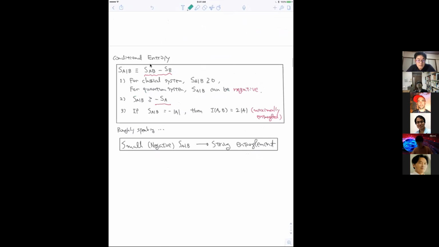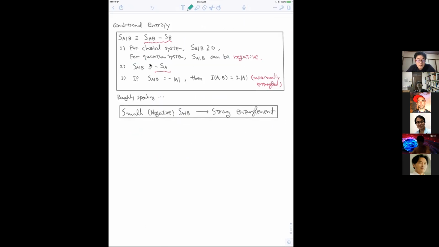Now, in this talk, I will look at a quantity called the conditional entropy, which is a measure of entanglement, and it's defined in this way. We always write it as S(A|B), with this vertical line. It is S_AB minus S_B. I didn't know much about this quantity until a year ago, but the key point is that for a classical system, this quantity is positive or zero. But for a quantum system, this quantity can be negative.